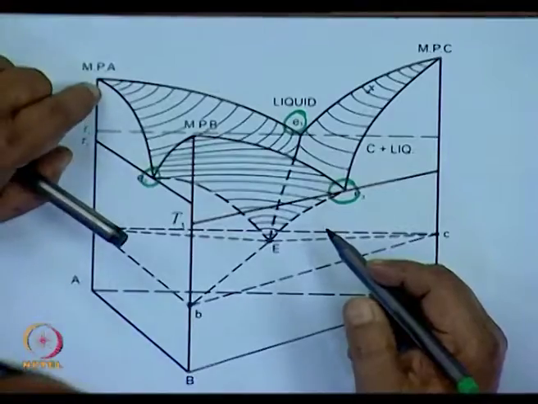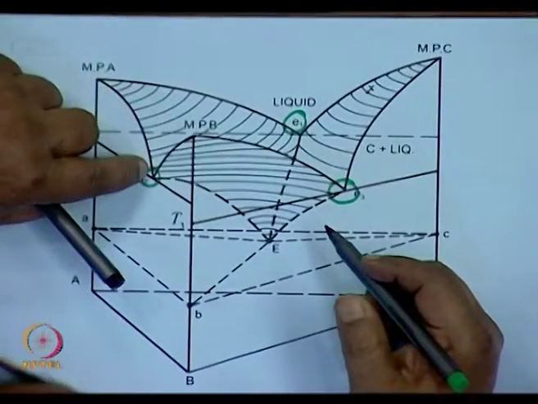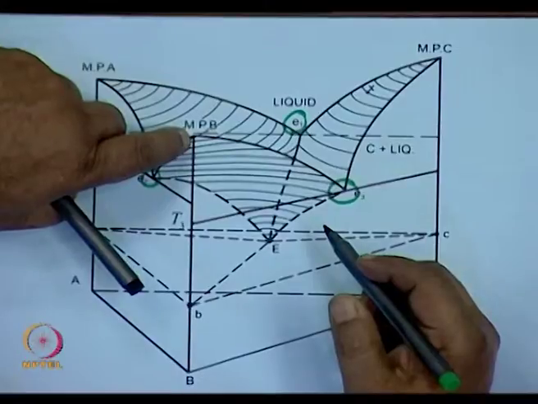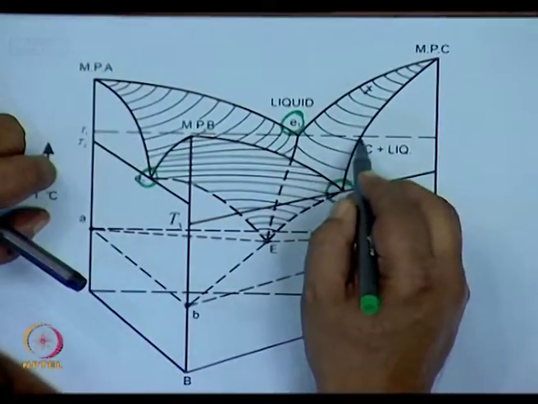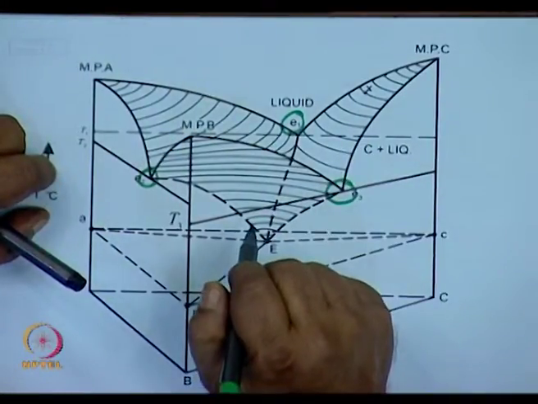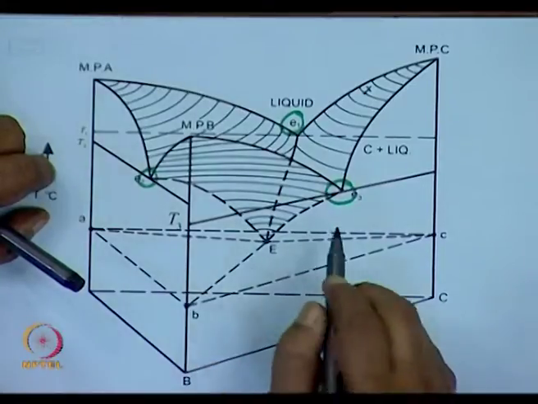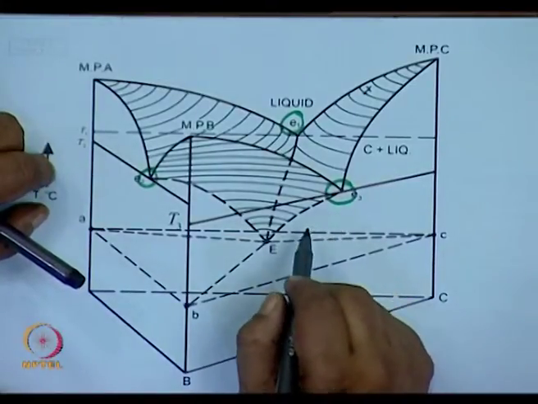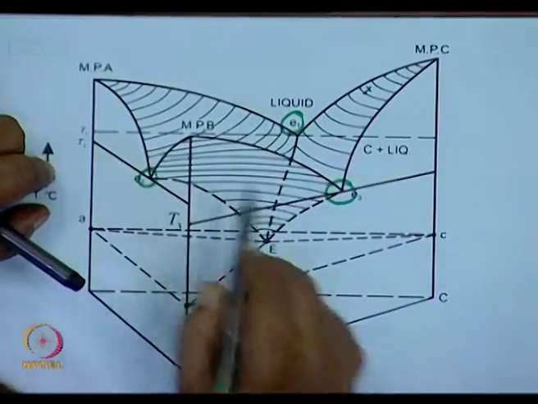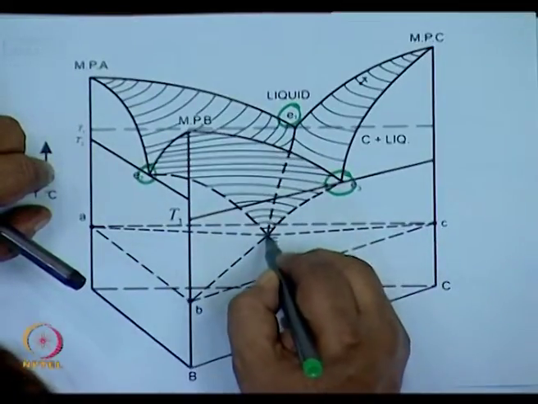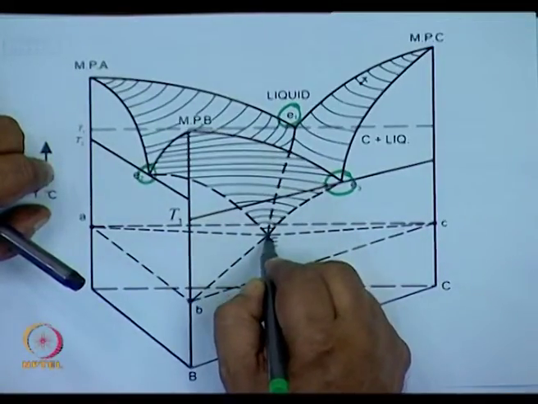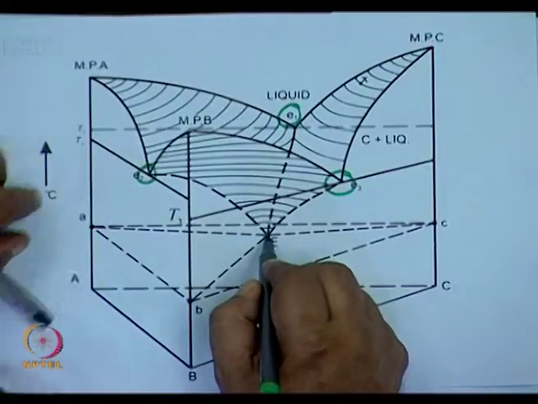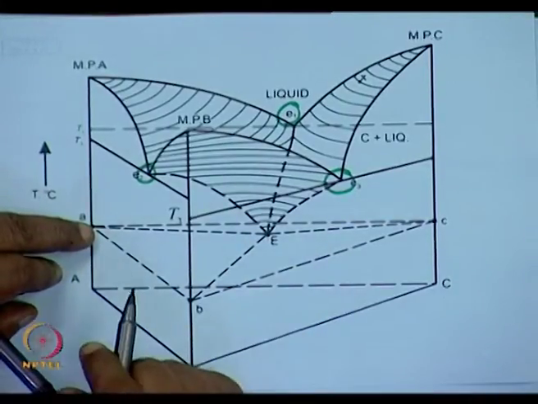Here, this is the liquidus line for this binary system. Each of these lines are the liquidus lines for the binary system. But in three phases, each of these three binary eutectics will form their own eutectic, which occurs at a much lower temperature.